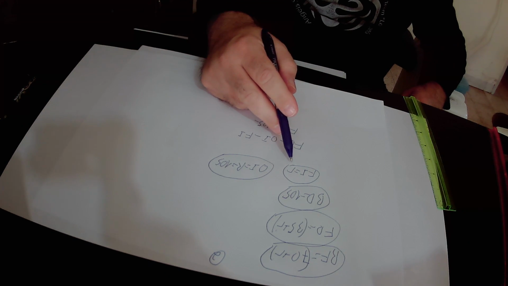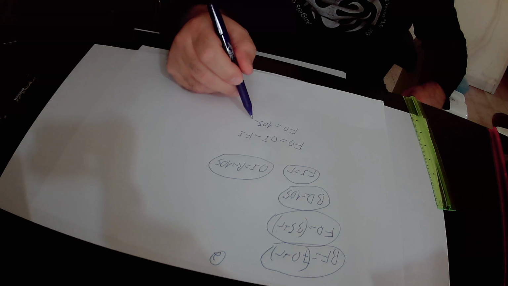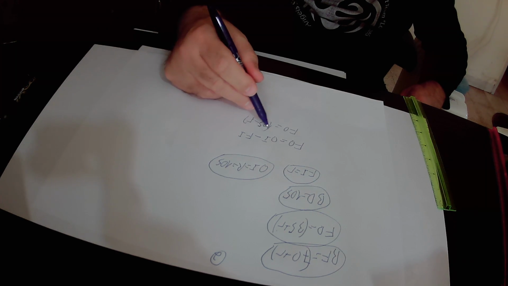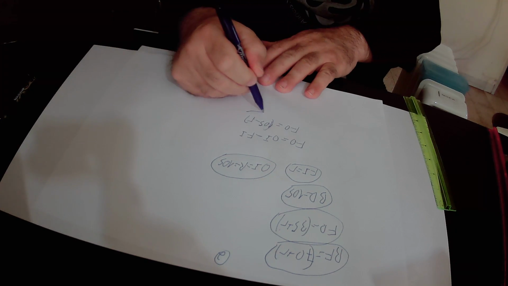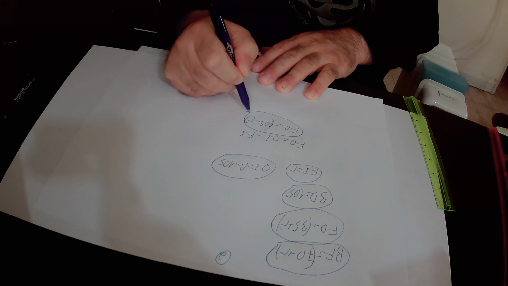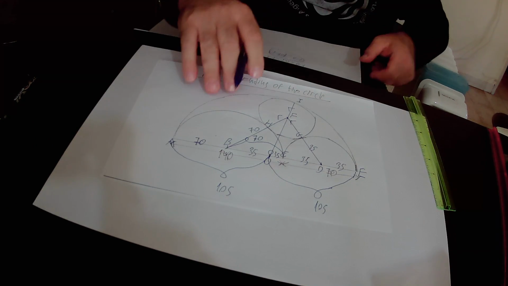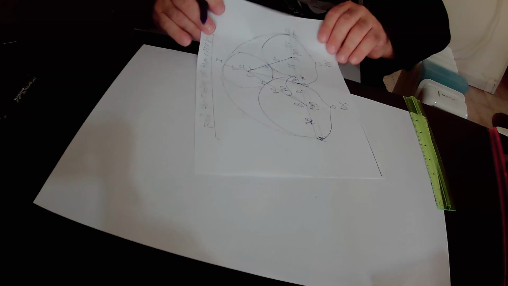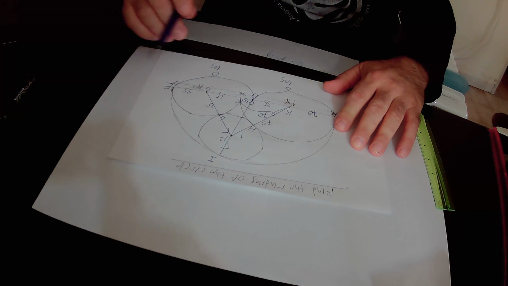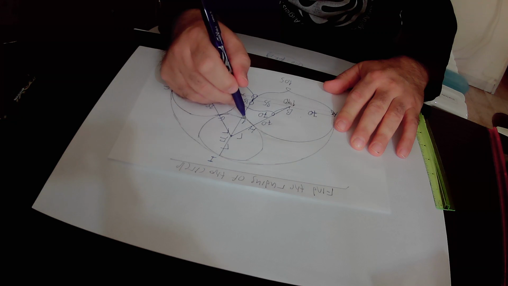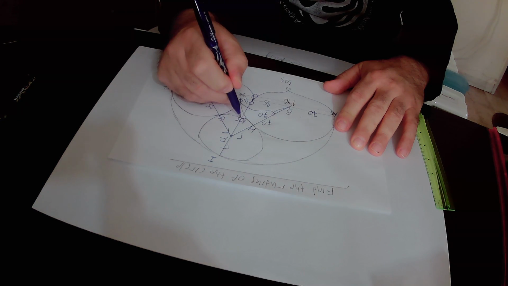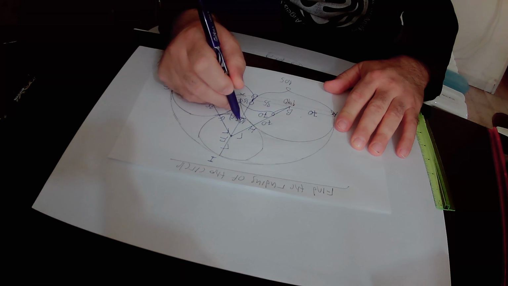FI equals small r, so we substitute FI by small r. In conclusion, we found out that the length of line segment FO is 105 minus small r units. So we can write here that FO equals 105 minus small r units.